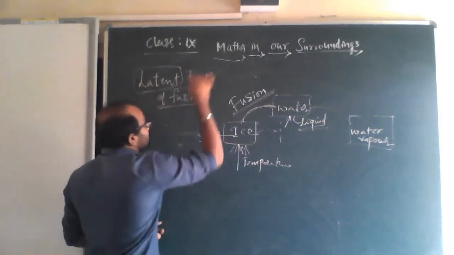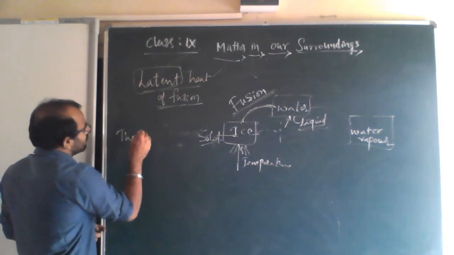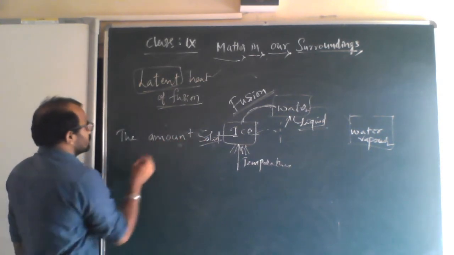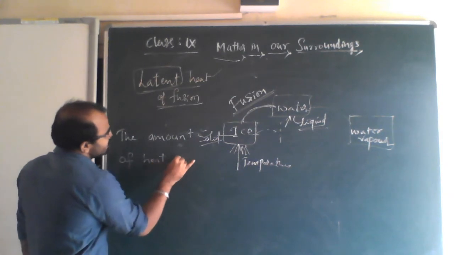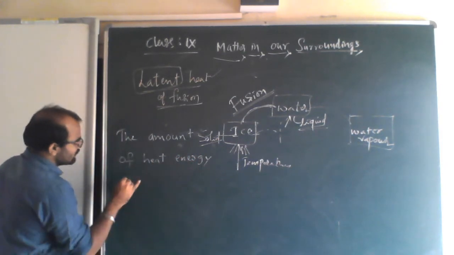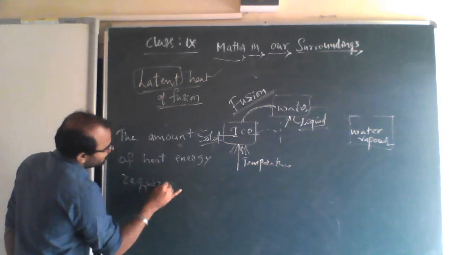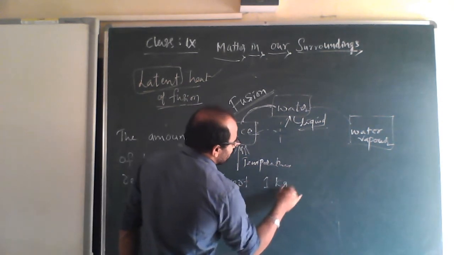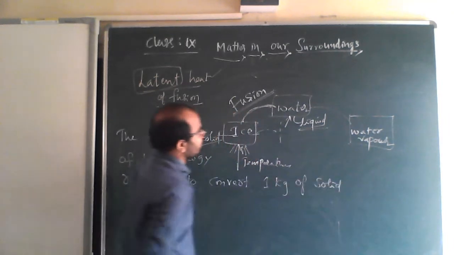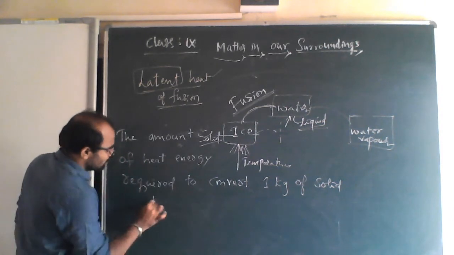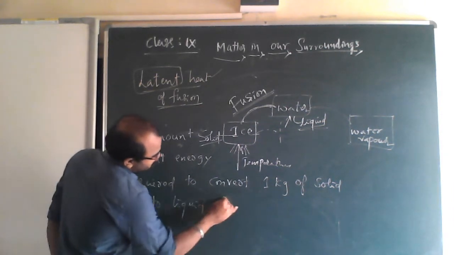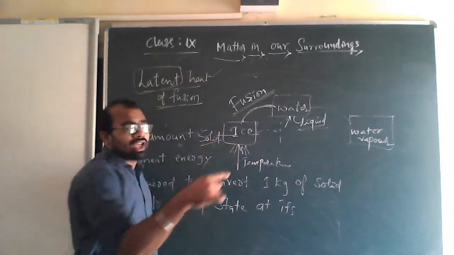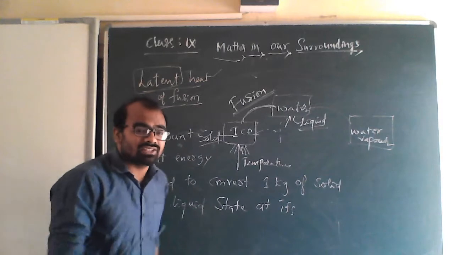So what is latent heat of fusion? Latent heat of fusion is nothing but the amount of heat energy required to convert 1 kg of solid to liquid state at its melting point. Here ice is converted into water, which means melting is happening.